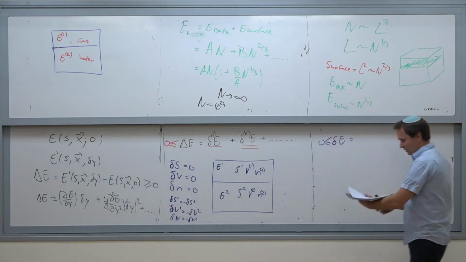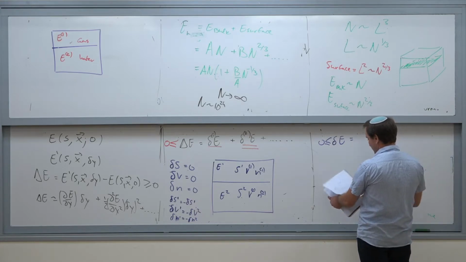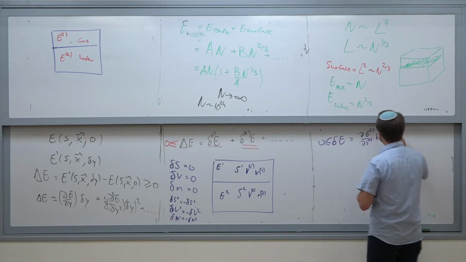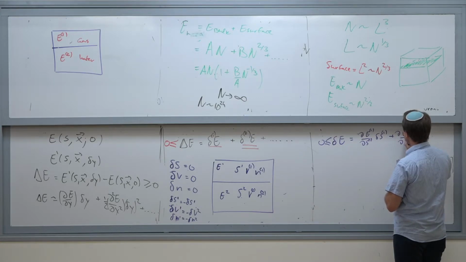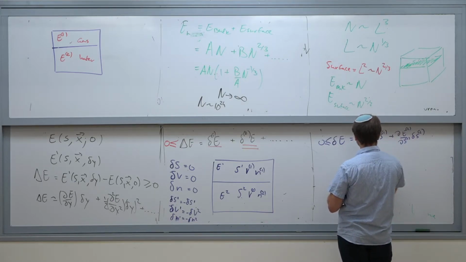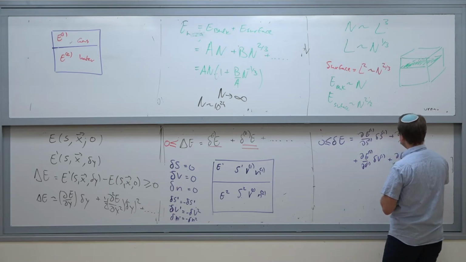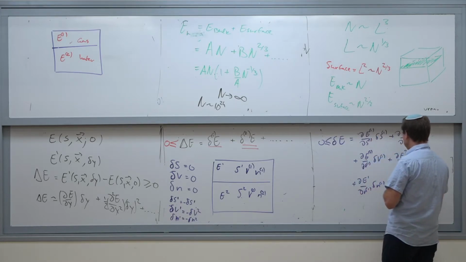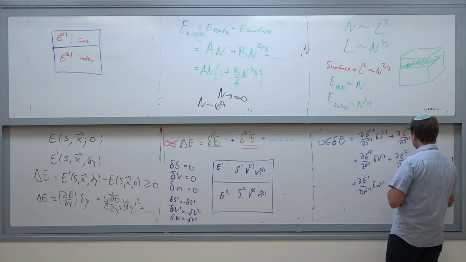Okay, so what is this point over here? It is simply dE1/dS1 delta S1 plus dE2/dS2 delta S2 plus dE1/dV1 delta V1 plus dE2/dV2 delta V2 plus dE1/dN1 delta N1 plus dE2/dN2 delta N2.